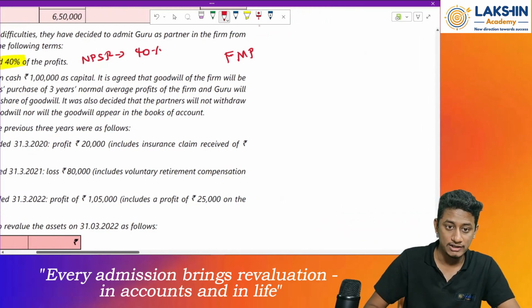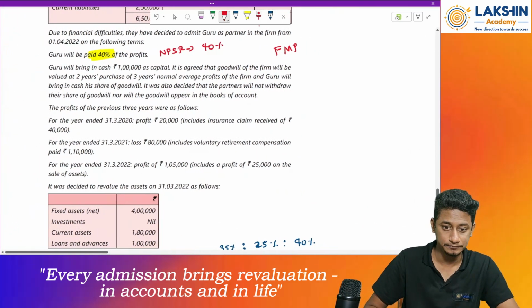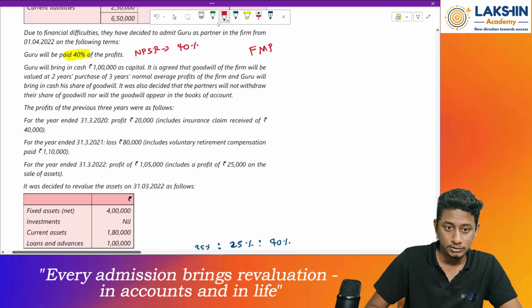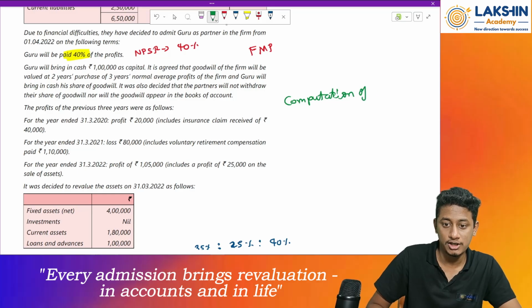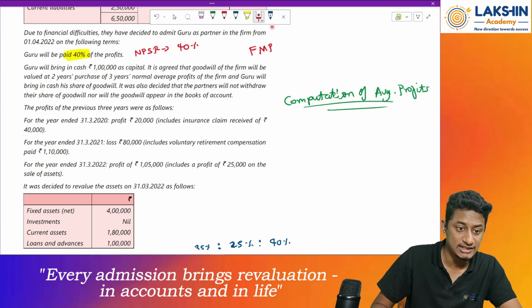So what I will do is, I will just prepare a working note here itself. Computation of average profit first of all. For how many years I should compute? For 3 years. Why? Because the question clearly says that 3 years of normal average profit.